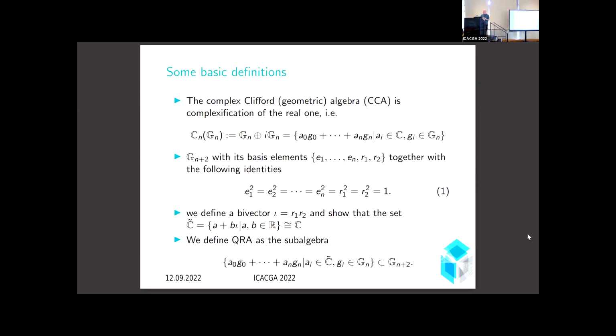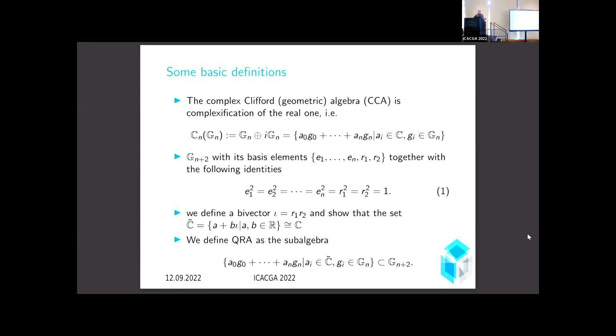We think a bit differently. Quantum computation works over complex numbers naturally. So we ask the question of how to choose the complex geometric or complex Clifford algebra to simulate quantum computation. What is a Clifford geometric algebra? It's very easy.